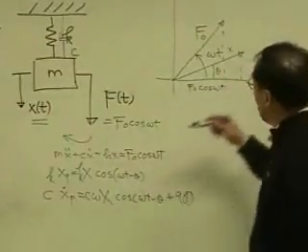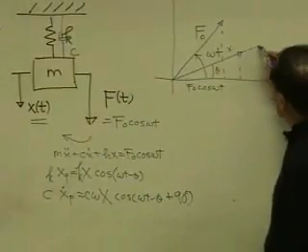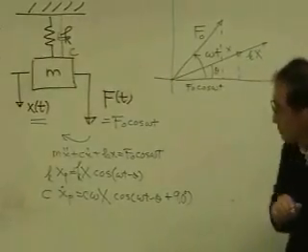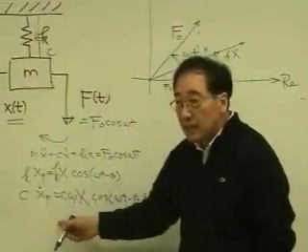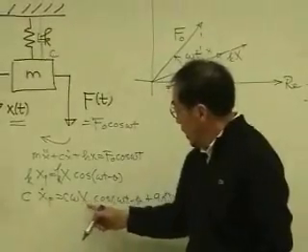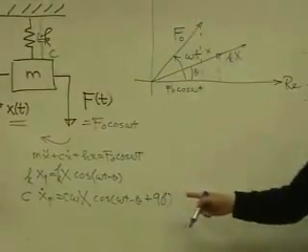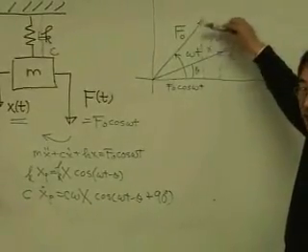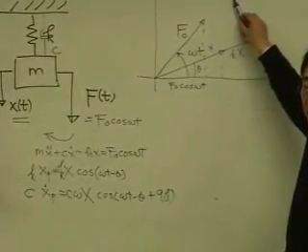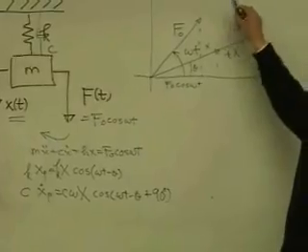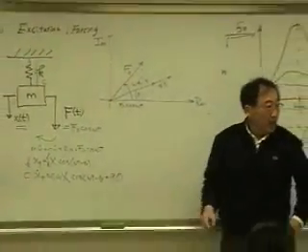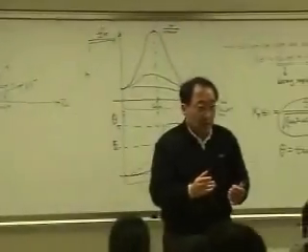This value is K, this is Kx. And the Cx dot is C omega x cosine omega t minus theta plus a 90-degree difference. So I have to rotate this 90 degrees. Right? Okay, I have a cosine theta.